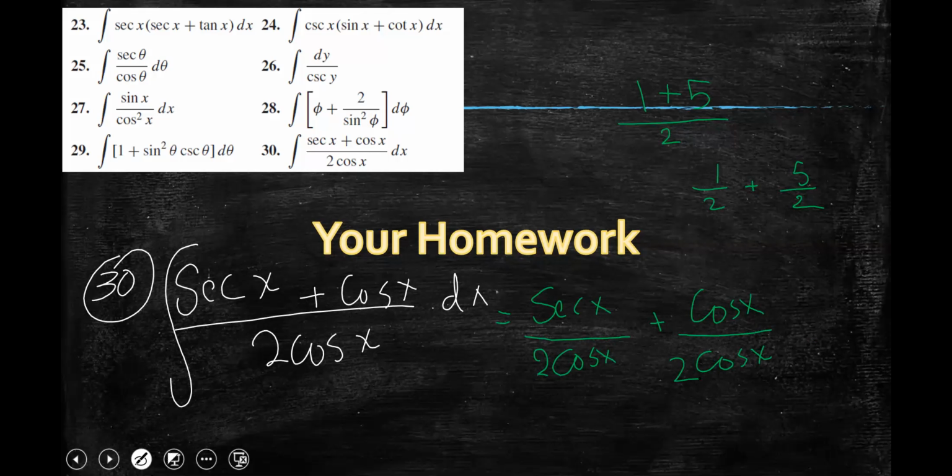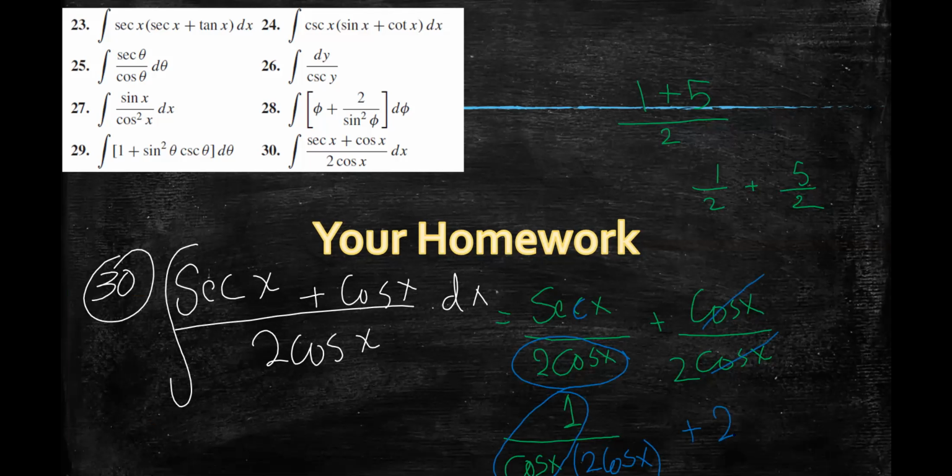Then after that, secant over cosine. What is the formula for secant? It is 1 over what? 1 over cosine, thank you. So it is 1 over cosine x, and then we have 2 cosine. Then the cosine cancels and I have plus 2. Then I will integrate.